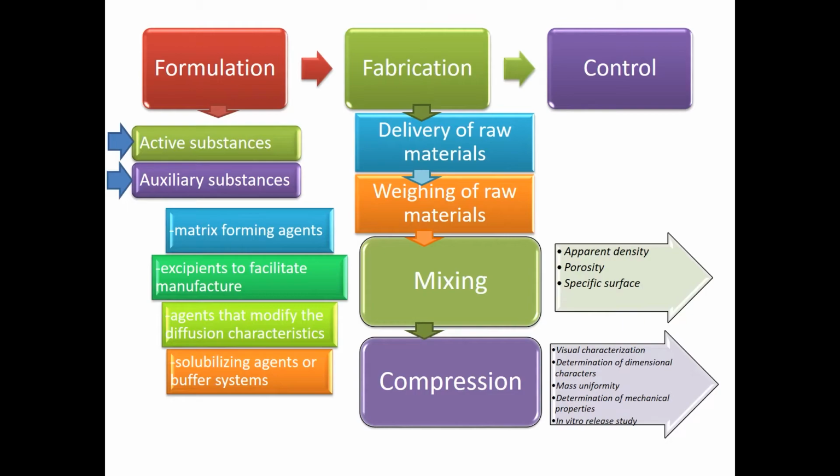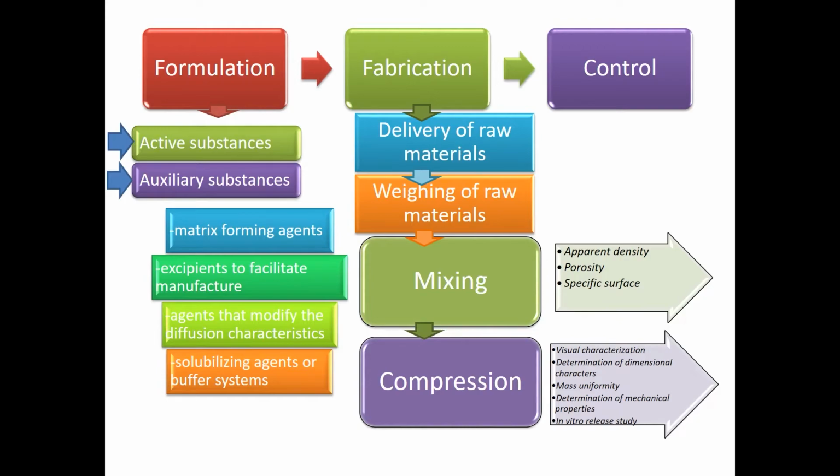Excipients used to facilitate the manufacturing process. Agents that modify the diffusion characteristics or buffer systems. The quality control of the powder bulk supposes the analysis of apparent density, porosity, and specific surface.